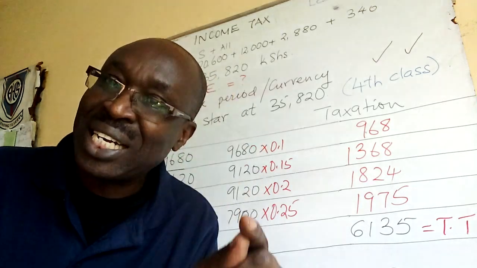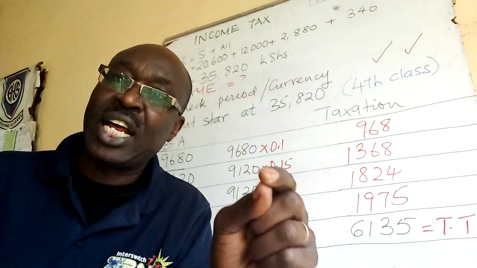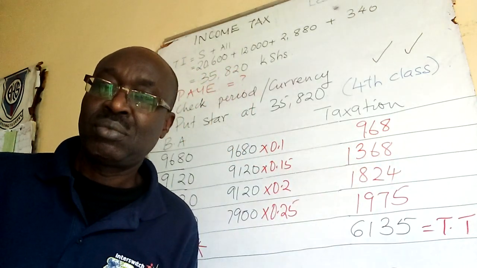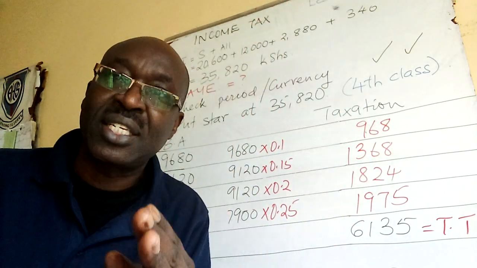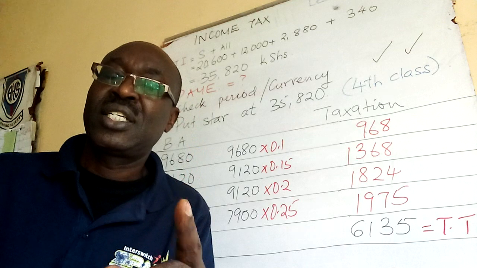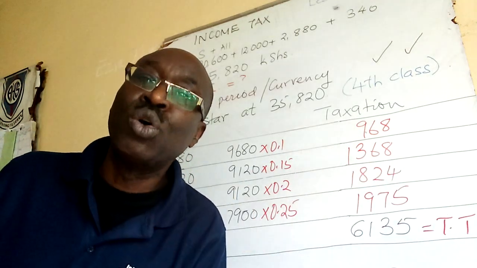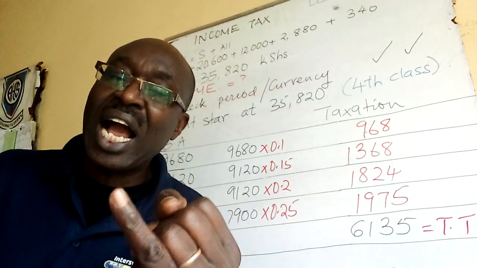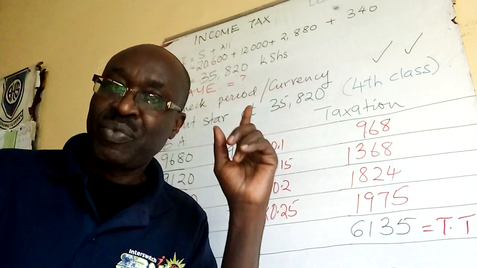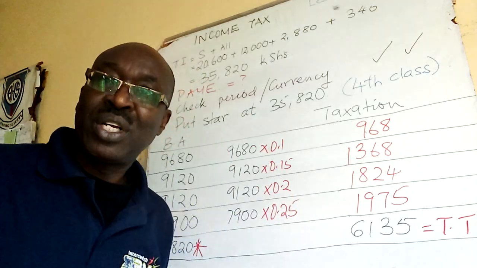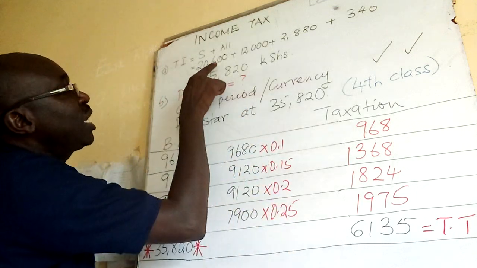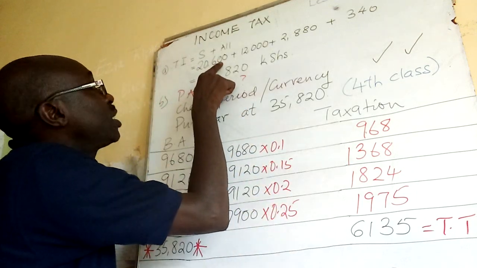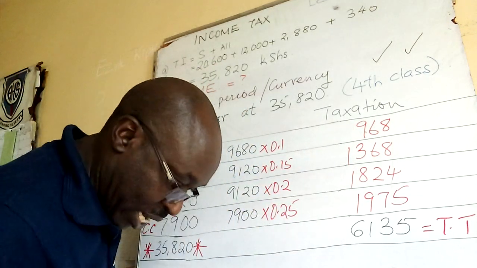One, taxable income will come from the salary alone. But if there is salary and allowances, it is the sum of all those salary and allowances. This is a good example. He has his basic salary, 20,600. What else does he have?